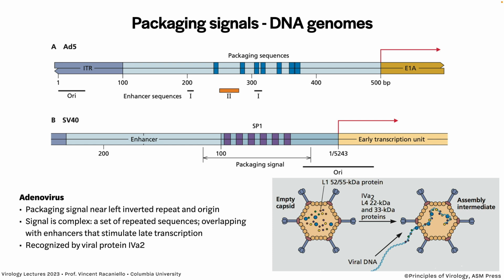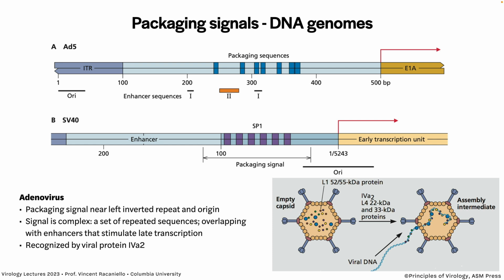This is where these packaging sequences are located. These blue bars are all packaging signals that have been identified that are needed to get this DNA into the capsid. It's a set of repeated sequences, and what they do is they bind a viral protein called 4A2, and here we have on the bottom an empty adenovirus capsid.